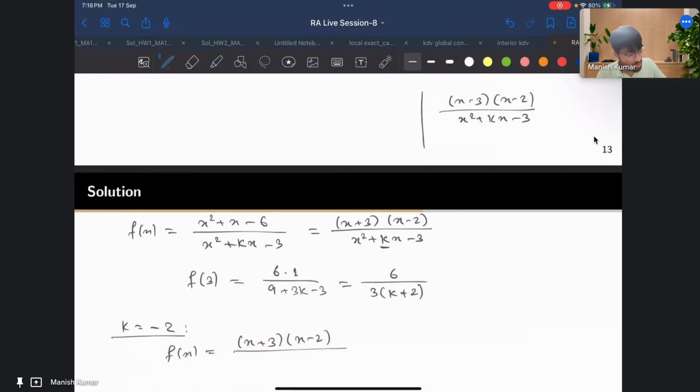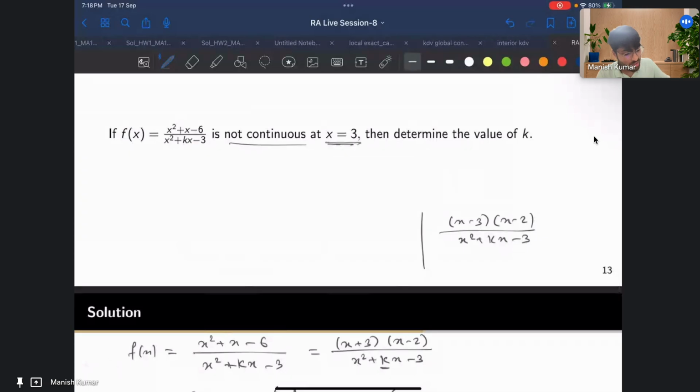Now you want to evaluate at x equal to 3, correct? So this is giving you 0, right? If you can factorize here, let's say if I'm getting something like this, then you can clearly see this x minus 3 will cancel out, and then you will have a finite limit. If you just substitute x equal to 3, you will get a finite limit.